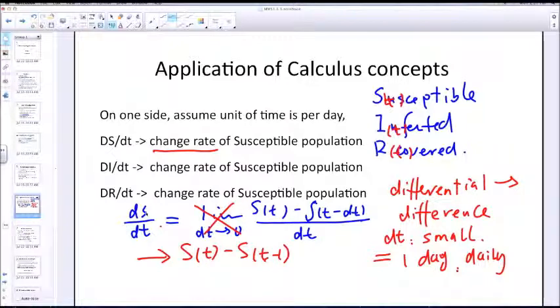We do the same to the other 2 groups. We just look at the daily change rate. That's on one side, the left side of the equations.